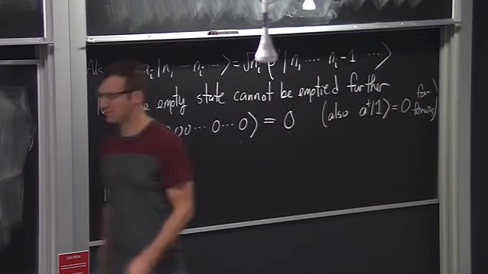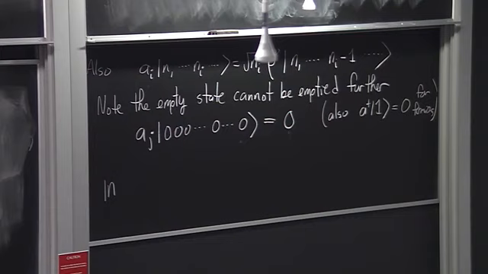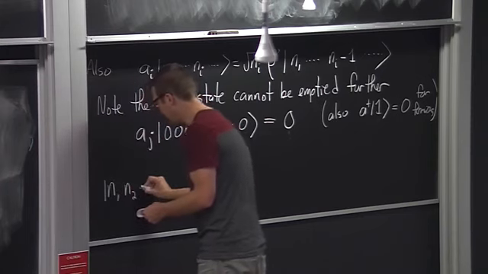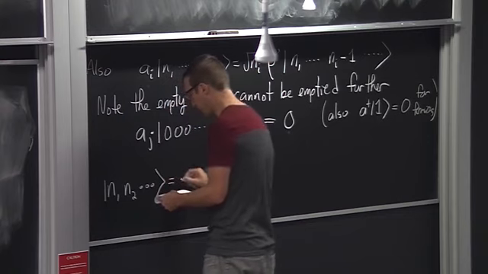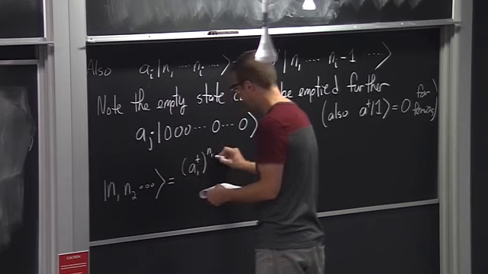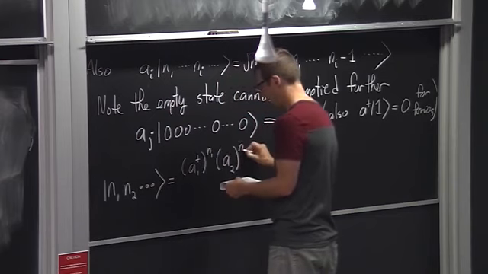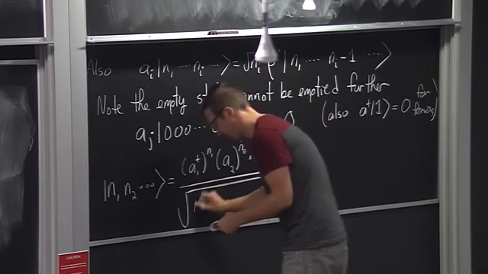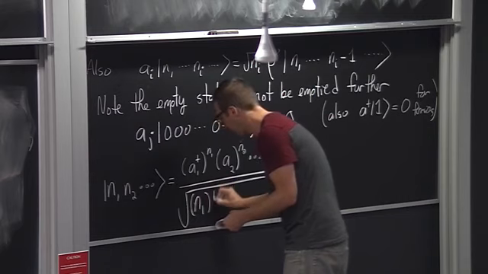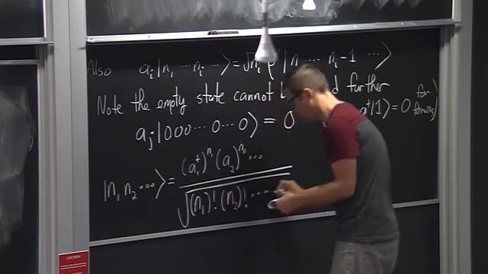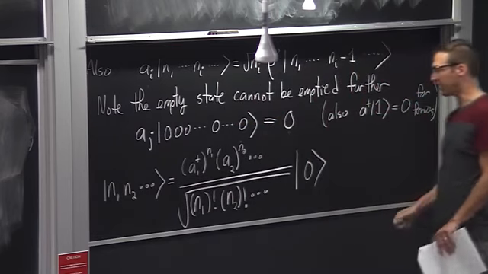Okay, so let me just write this state here in terms of creation operators out of the vacuum. So N1, N2, okay, this occupation number basis state is just quite generally the square root of all the normalization, operating on the vacuum state.